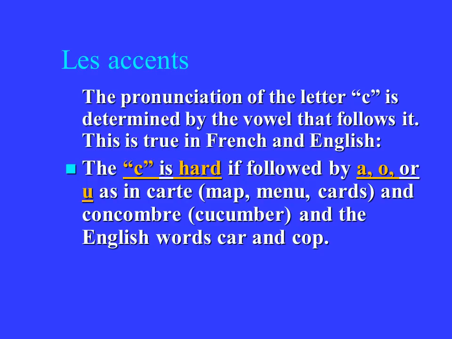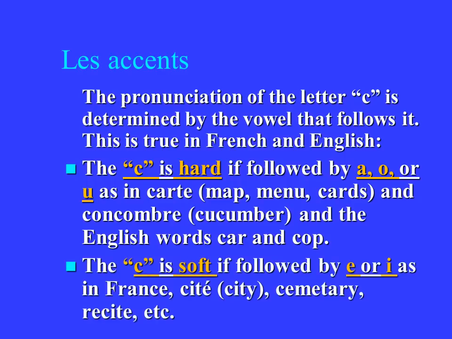Car, cop. So again, A, O, U are considered hard vowels, and the C before those vowels will be pronounced with a K sound. If the C is followed by an E or an I, the C is soft, in French and in English. France, cite, cemetery, recite, many others.